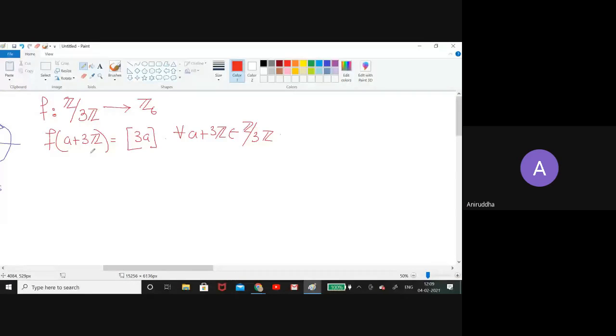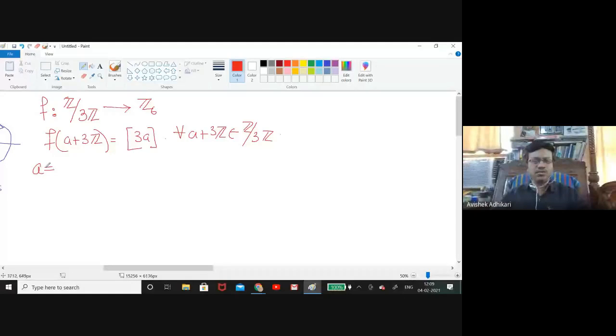If a equals b, then f of a must equal f of b. So you need to check if a equal to b, that should imply f of a equals f of b, right? Now see, 0 plus 3Z equal to 3 plus 3Z.